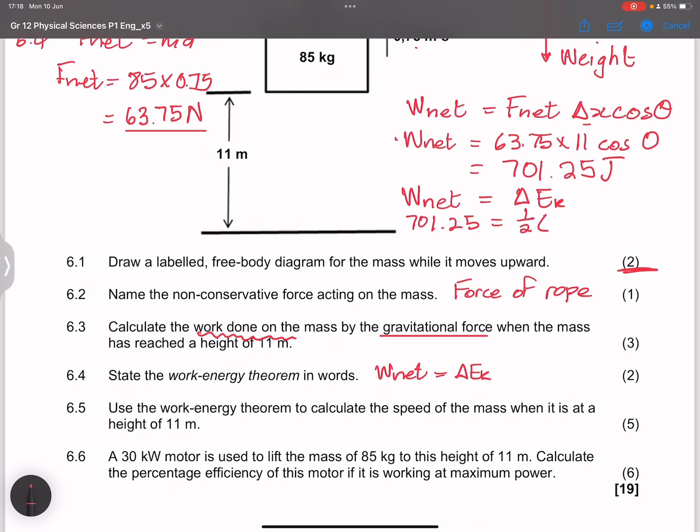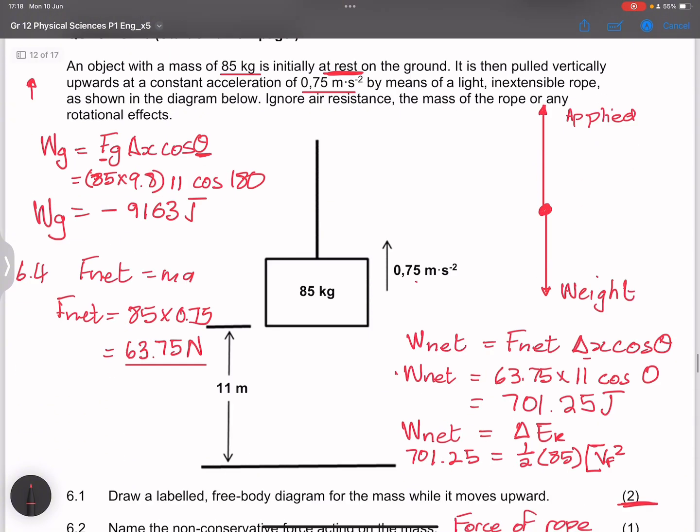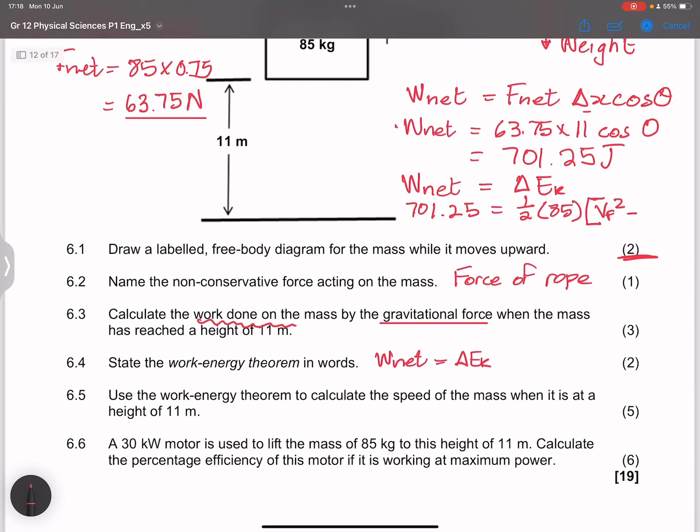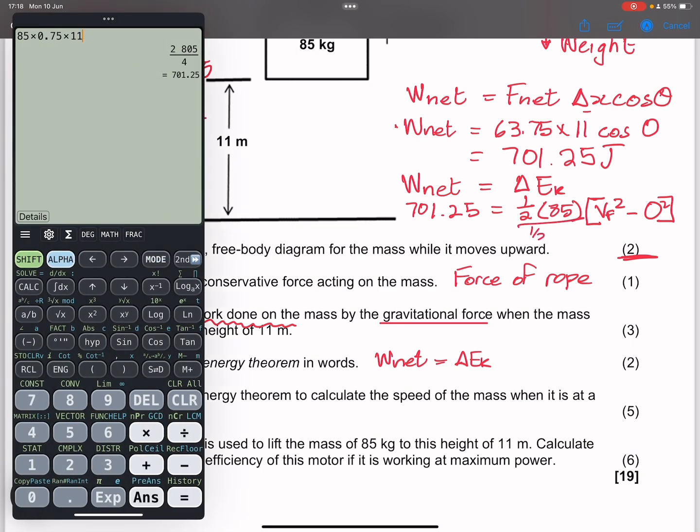The mass is 85, and this is times the change in velocity, so that would be the final velocity squared. But remember, we said it is pulled vertically from rest, so our initial velocity was 0. So I'm going to simply divide by half of 85 and take the square root.